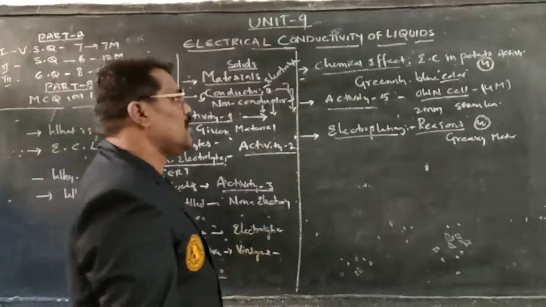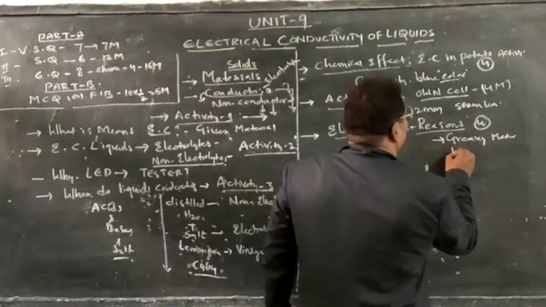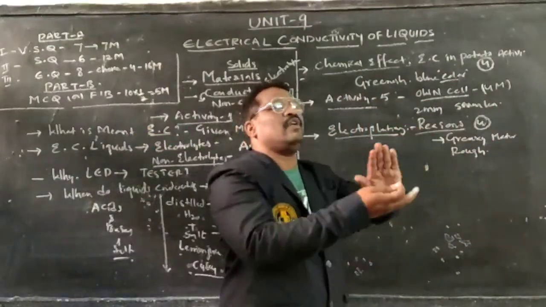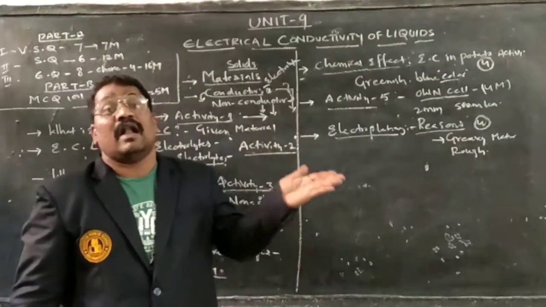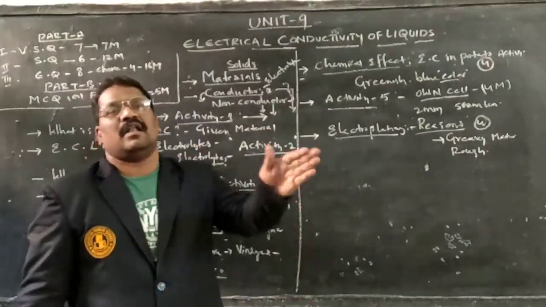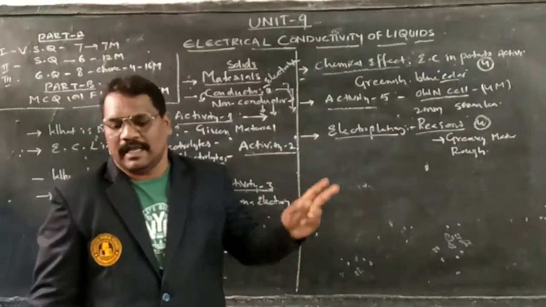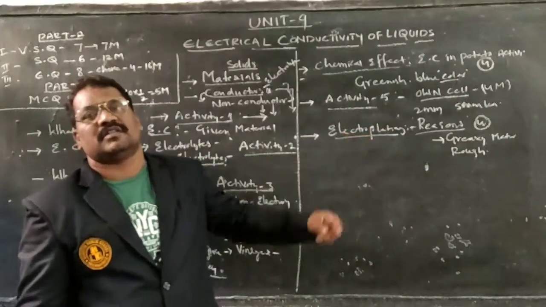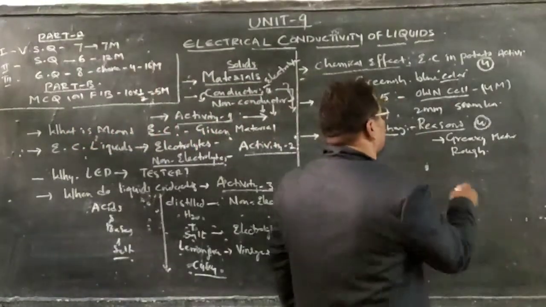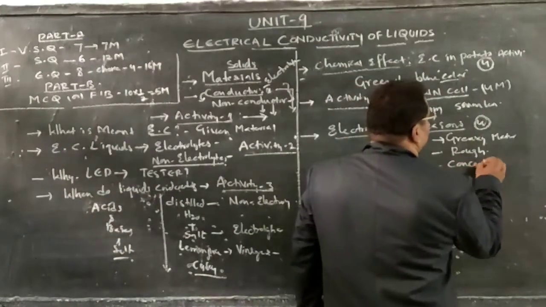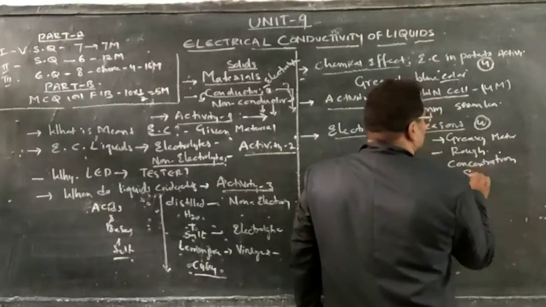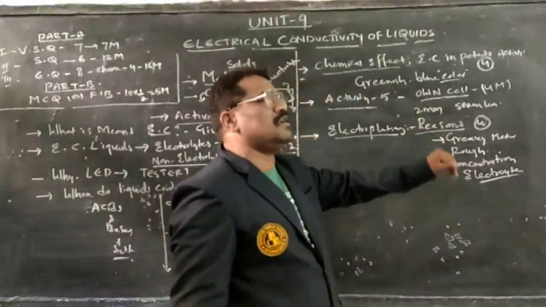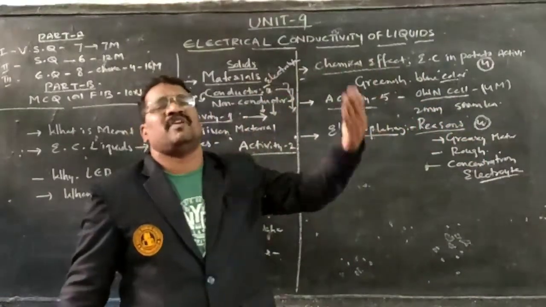The second one: the article on which we are coating must be rough. If it is rough, then we can easily coat another metallic substance on the surface. That is the second point. The third point: when we are doing this process, the concentration of electrolyte must be high. The electrolyte is the substance that conducts electricity, and its concentration must remain constant and very high.